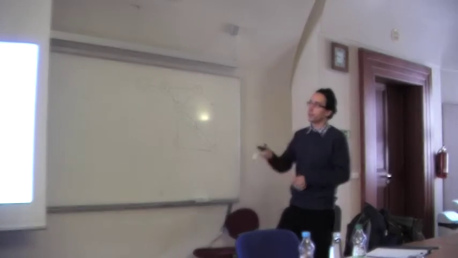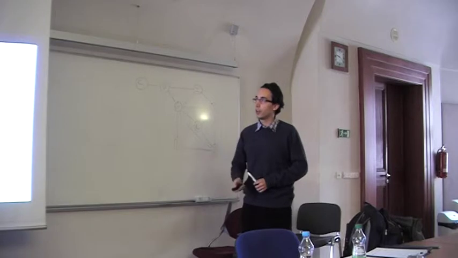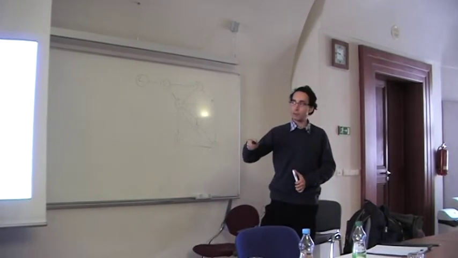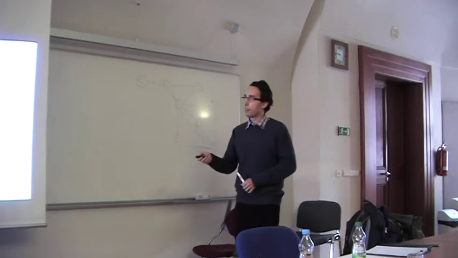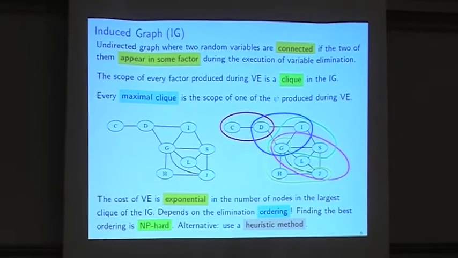So the idea in the induced graph is that we will be connecting all the variables that appear together in a factor, and we will have that every factor produced during the variable elimination algorithm will be a clique in this induced graph.